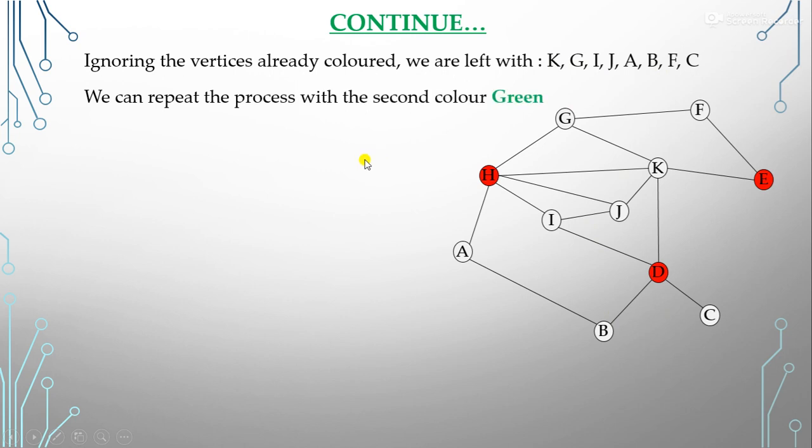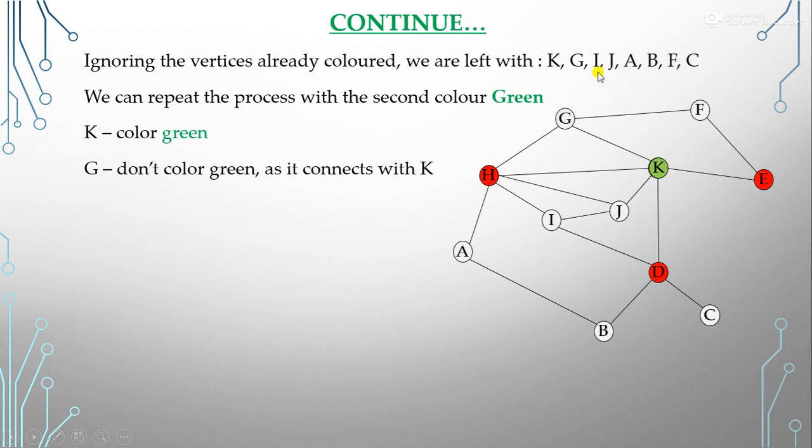Suppose we use the green color as the second one. So K is colored green. After K, G. Can we color G green? No, because G is connected to K. I, can we color I green? Yes, because it is not connected to K, so we can color I green.